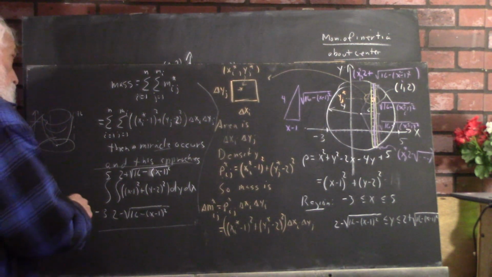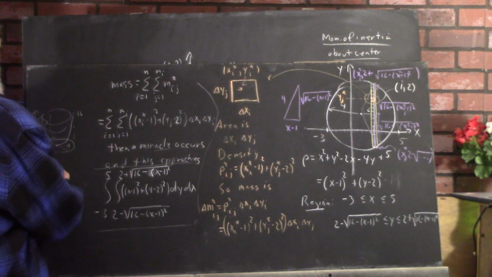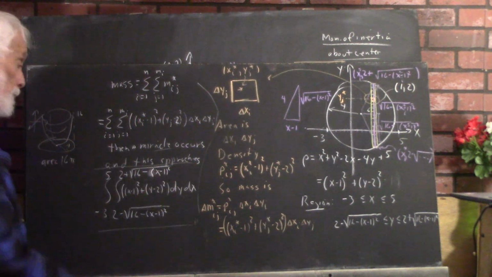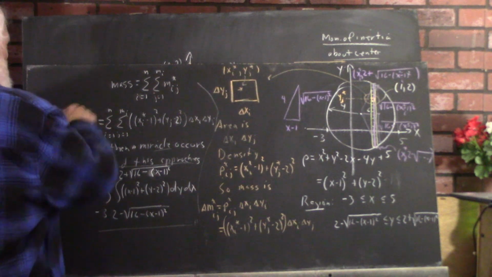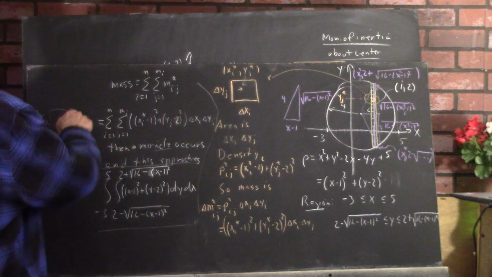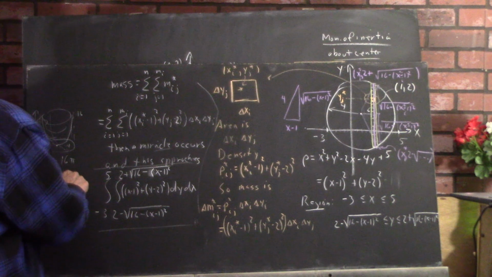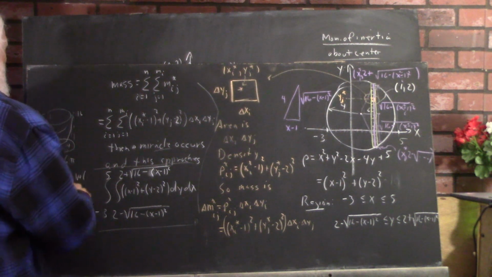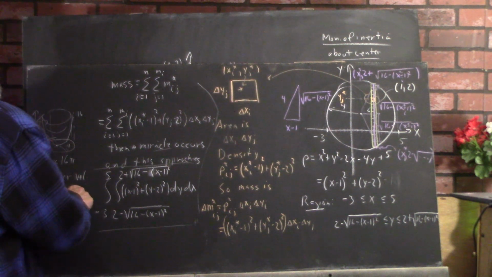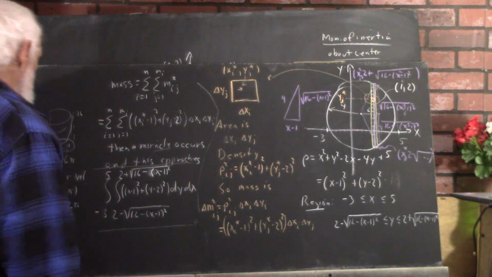Now if we had a cylinder of height 16 and radius 4, the area down here would be 16 pi, pi r squared, r is 4. The altitude would be 16. So the cylinder volume would be 16 times 16 pi, or 256 pi.